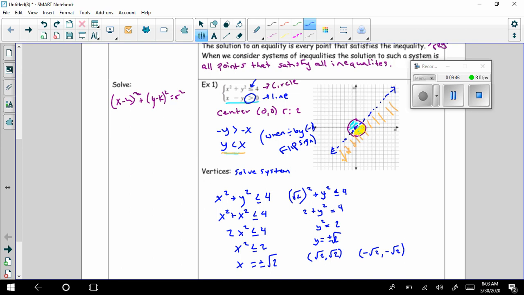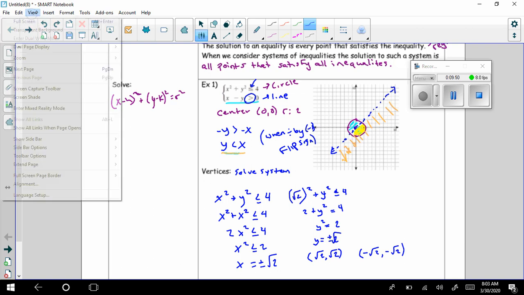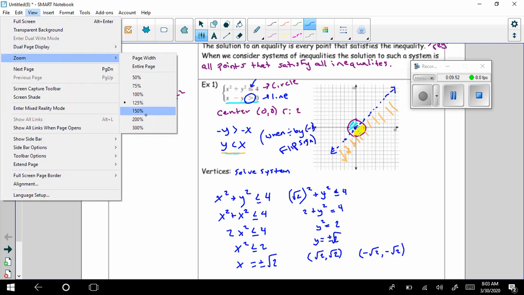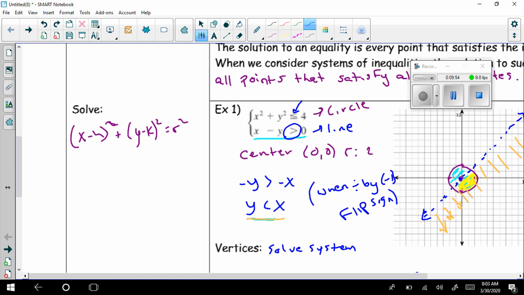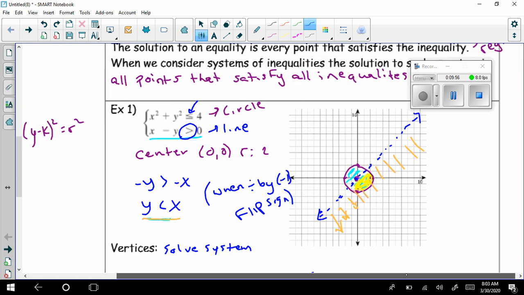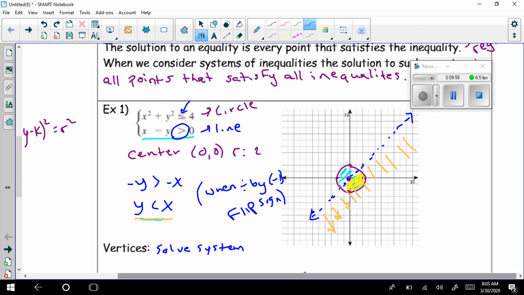So right here, where those systems overlap, and I need to zoom in for this, you would actually have open circles. We would have an open circle at those points. You'd have to take the square root of 2 and then eyeball the decimal value here.